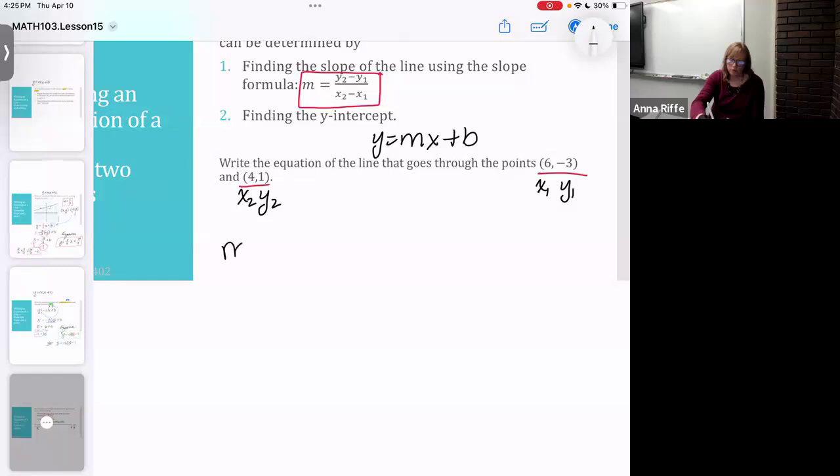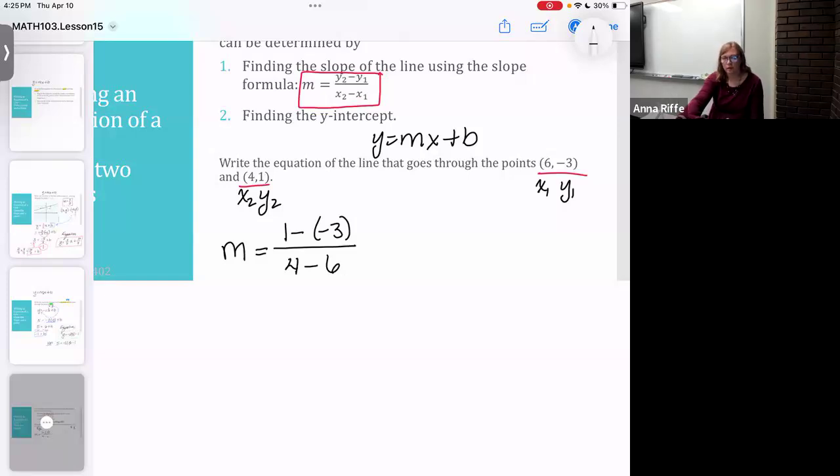But if we use this form, then m will become y2, which is 1, minus y1, which is -3, over x2, which is 4, minus x1, which is 6.